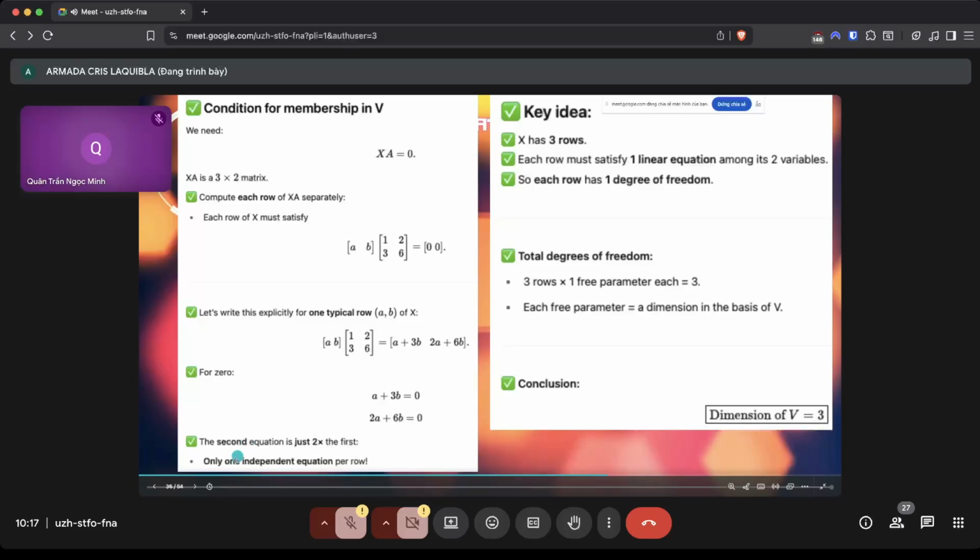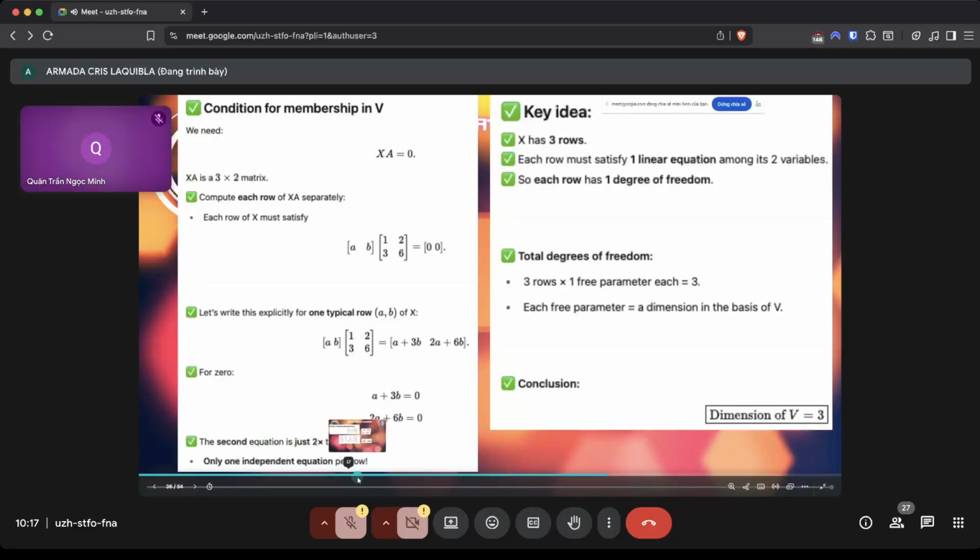So what will happen? First look at the first equation and the second equation. The second equation is just 2 times the first. So if you multiply that with 2, the result is this one. So we only have one independent equation per row.